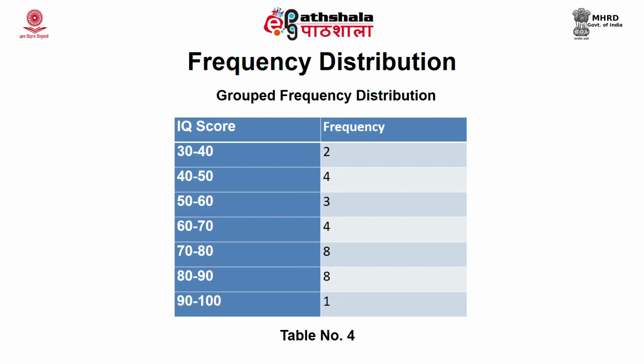On the left hand side we have intervals, that is 30 to 40, 40 to 50, 50 to 60, 60 to 70, and correspondingly up to 90 to 100. And on the right hand side we have the corresponding frequency value. That means we have two students whose IQ lies between 30 to 40, and similarly in the 50 to 60 interval we have 3 frequency. That means we have 3 students whose IQs lie between 50 to 60, and so on.